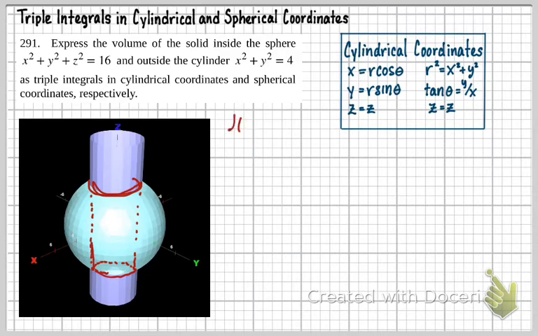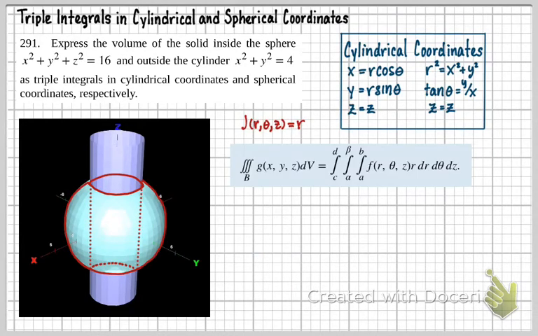The partial of x, y, z with respect to r, theta, z equals r. So when we look at the formula for cylindrical, this is what it is. We have our r here, and since we're talking about a volume again, our f(r, theta, z) is going to equal 1.